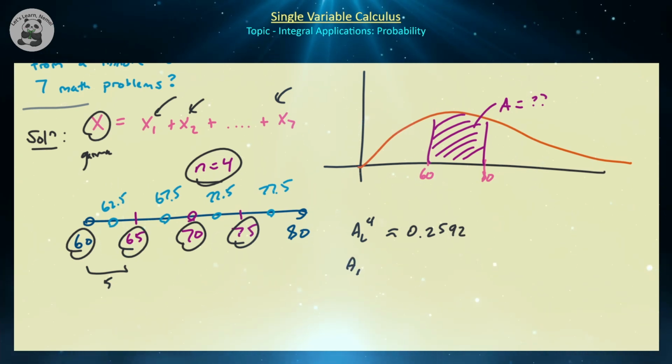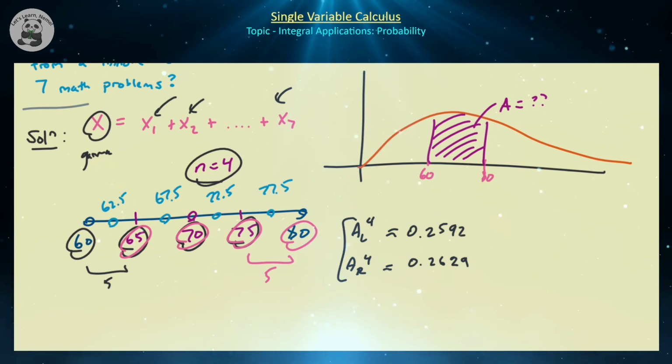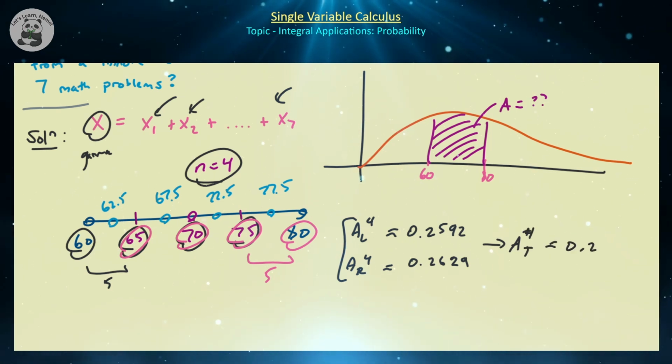If you do right endpoint rectangle approximations with n equal to 4, based on 80, 75, 70, and 65, again with base length of 5, one can find this is approximately equal to 0.2629. And if you average these two together, as we already know, that's a trapezoidal approximation with n equal to 4, which is approximately equal to 0.2611.